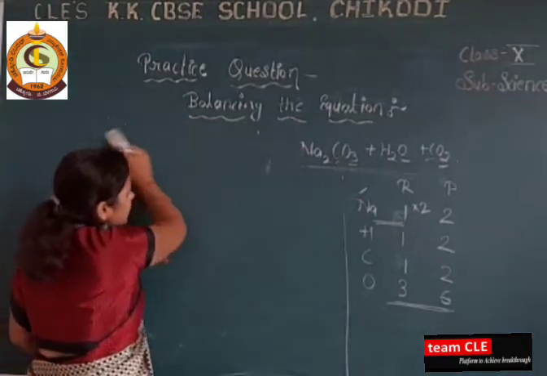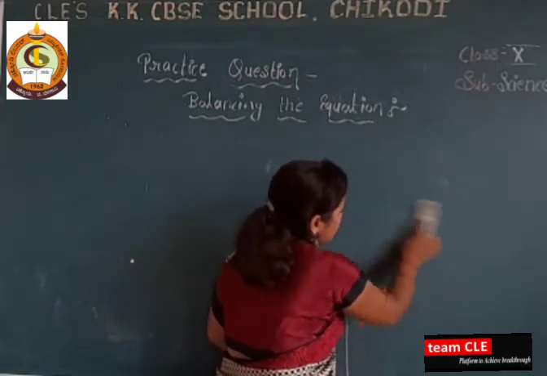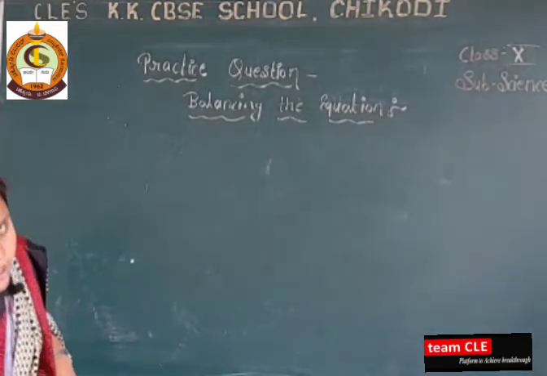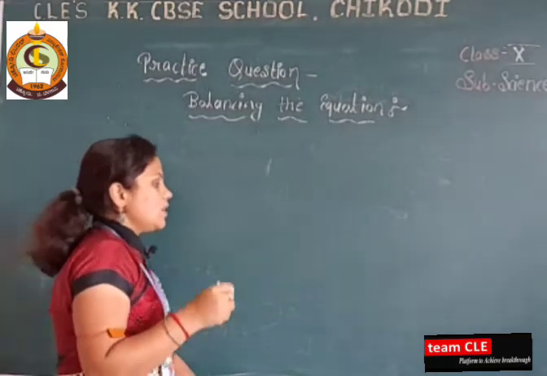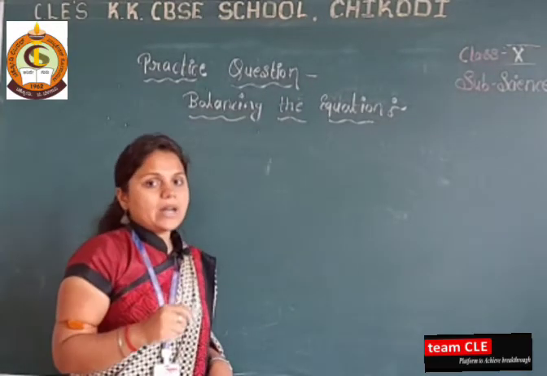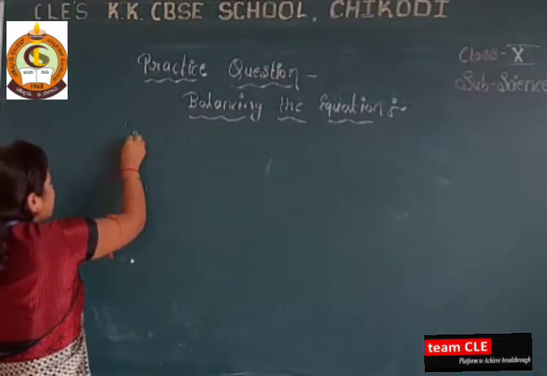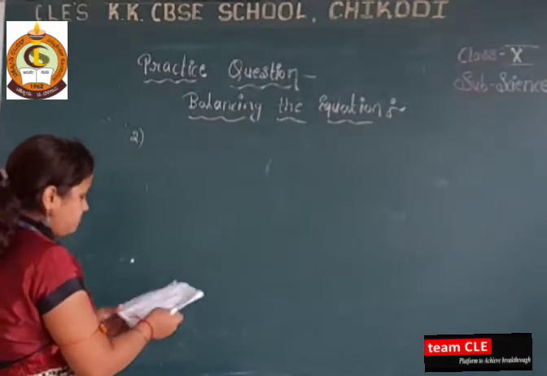I have collected a few examples. We will learn all these concepts in theory form in another chapter, but I have taken them because they need more practice for remembering how to balance chemical equations. So, next example.